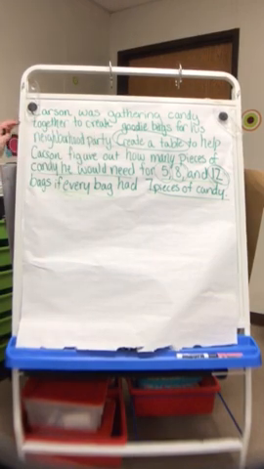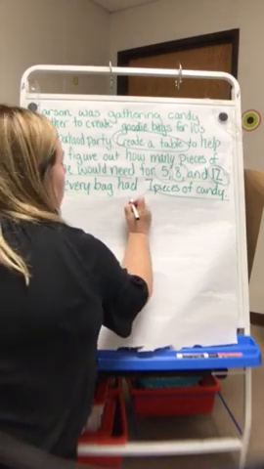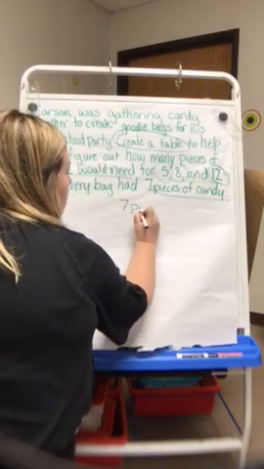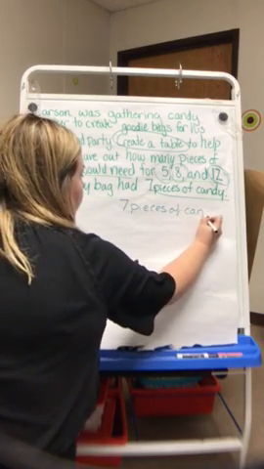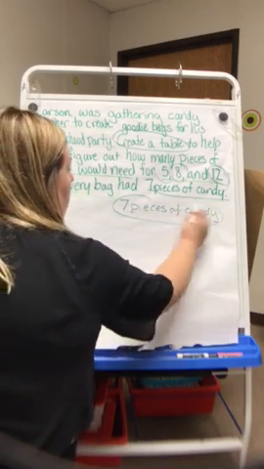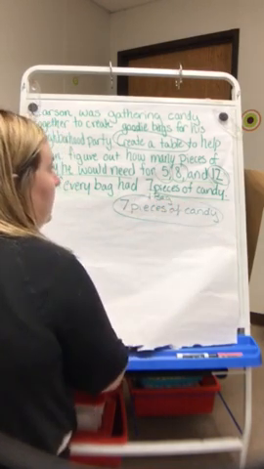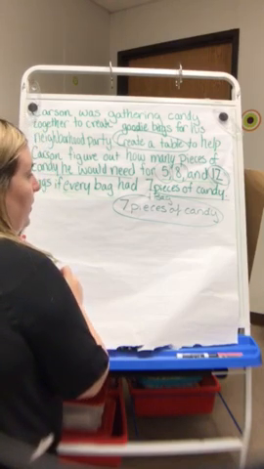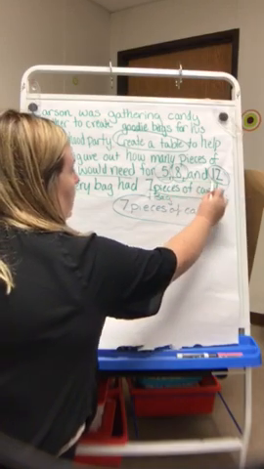So when I think about this, I think, if I have 7 pieces of candy, I have that for 1 bag. But I need to create a table to help me figure out how many pieces of candy I would need for 5, 8, and 12 bags.